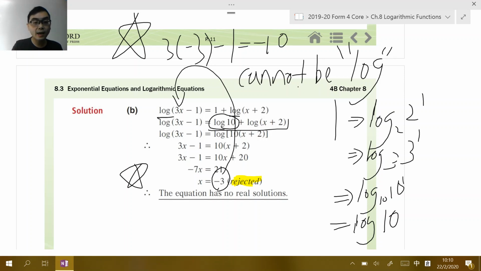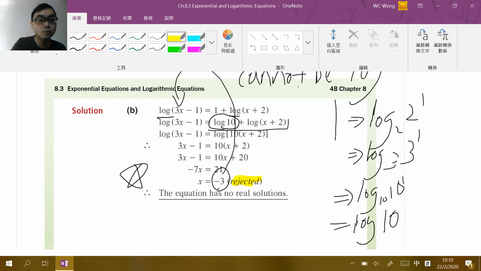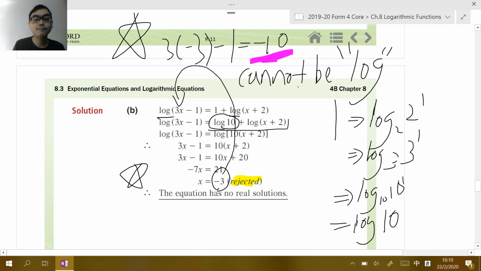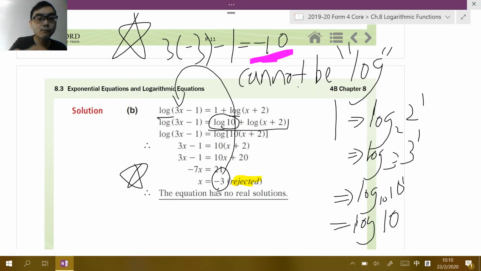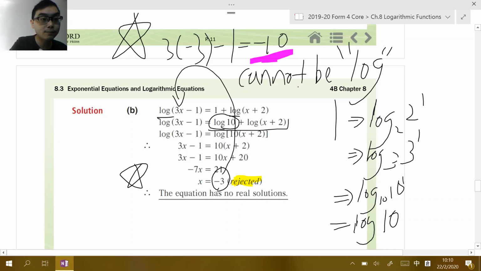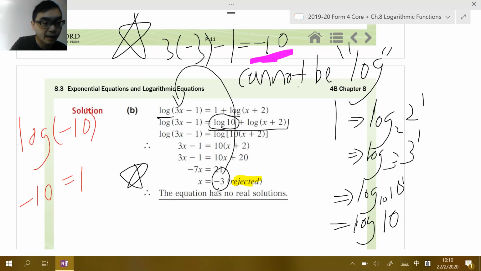When we put x as -3 into 3x minus 1, you will see that 3x minus 1 becomes -10, because x is -3. But do remember that we cannot have log of -10.